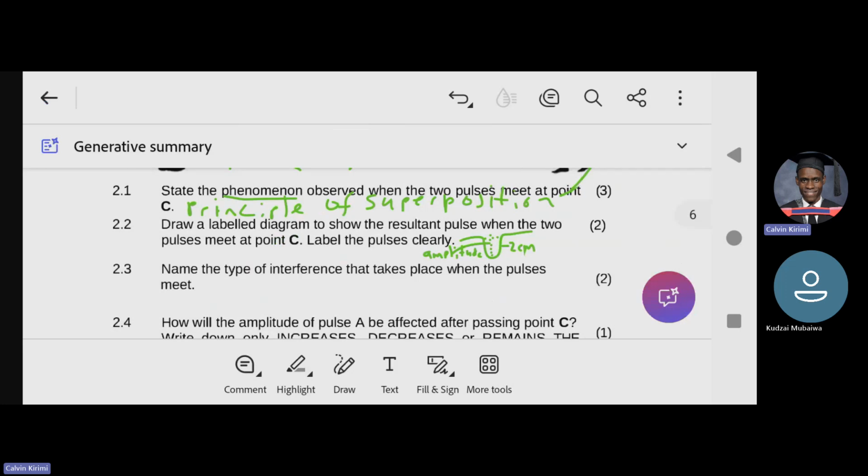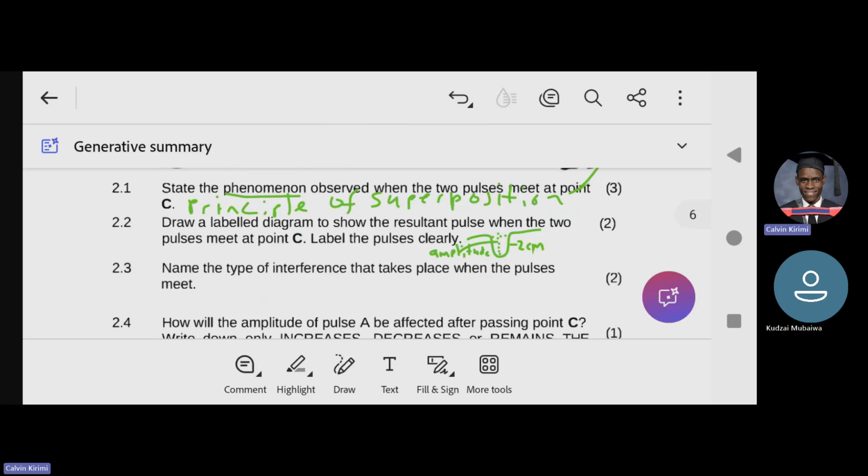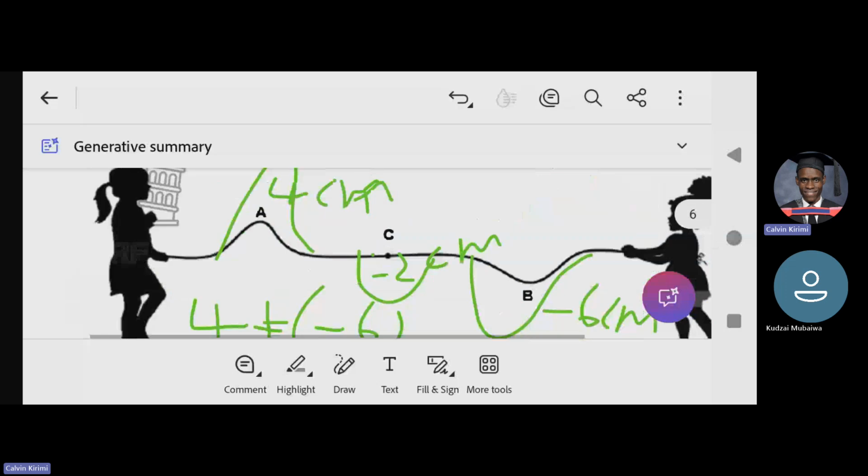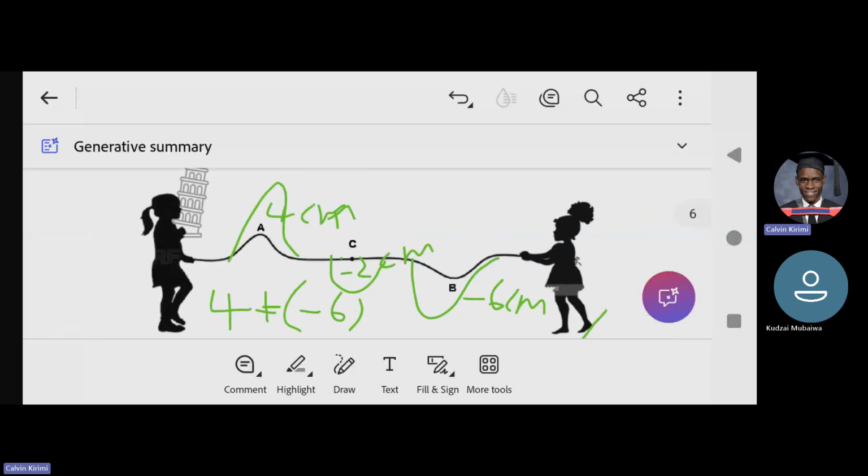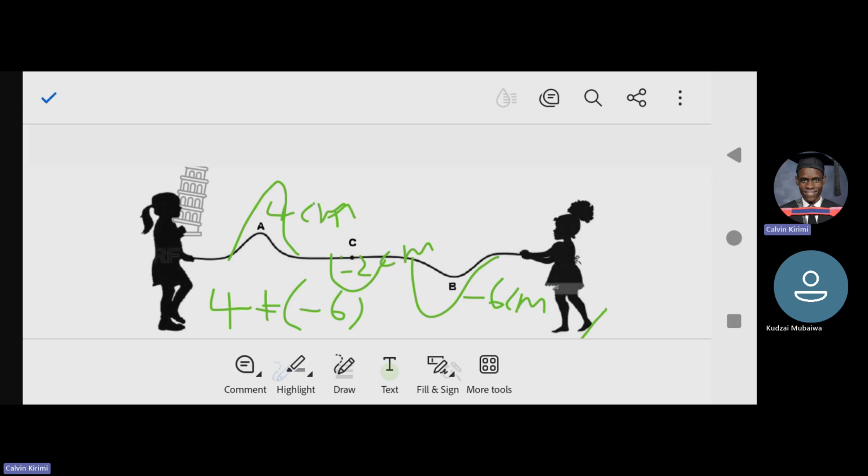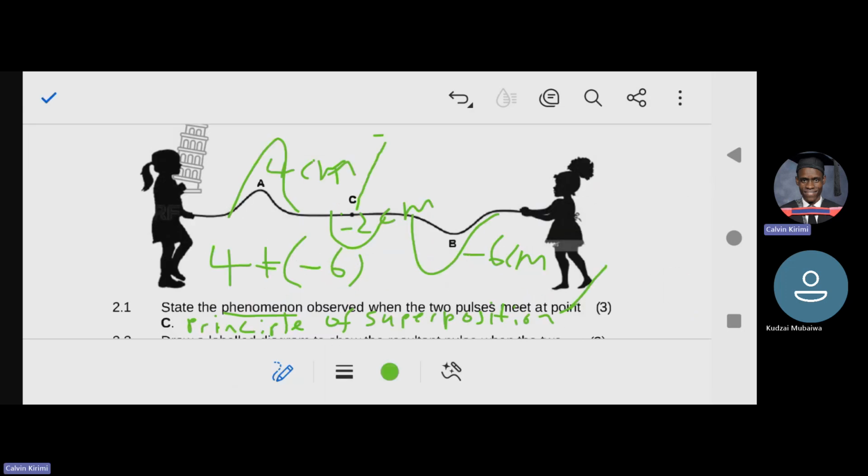Name the interference. So they are saying now name the interference. Amplitude is -2. We have put it there. Name the interference that takes place when the pulses meet. Is it constructive? Is it destructive? When both A and B meet at C, are we going to form a constructive or destructive interference?